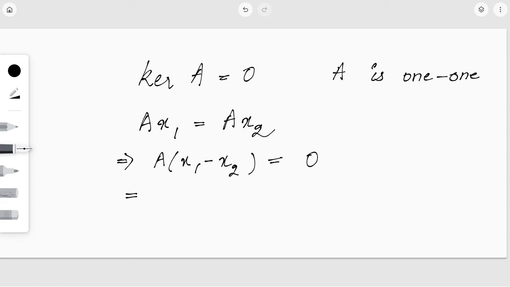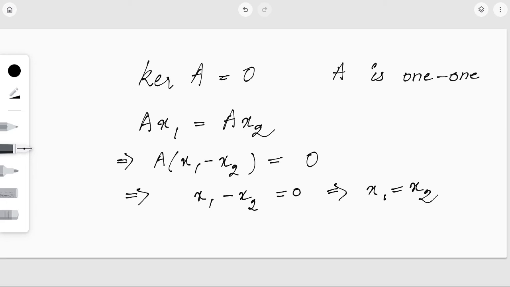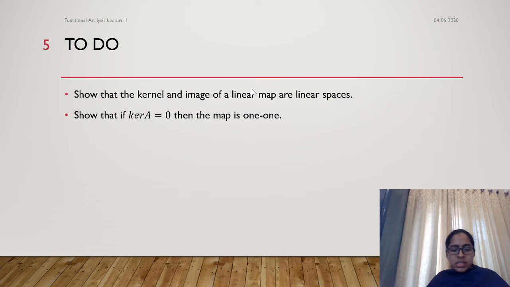As A(x1 minus x2) is 0, we have x1 minus x2 is 0, which implies x1 is equal to x2. So we have shown that whenever Ax1 is equal to Ax2, we get x1 is equal to x2. So we have proved that if the kernel of A is 0, then the map is 1 to 1.